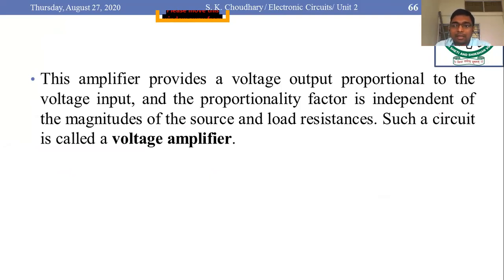Means it is independent of Rs. Such a circuit is called a voltage amplifier. If any circuitry meets these conditions, you refer to that circuit as a voltage amplifier, and that circuit would amplify the voltage signal.